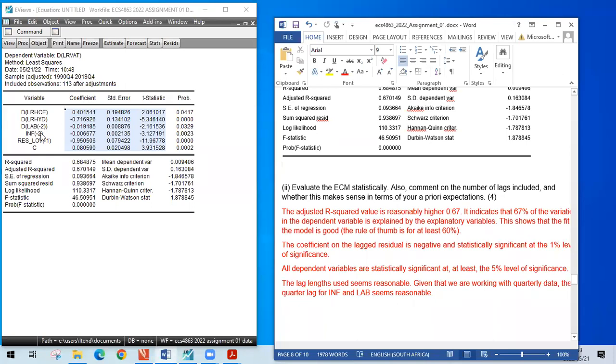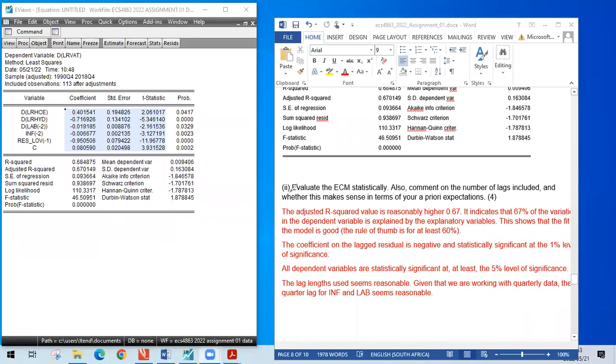You are dealing with quarterly data. How many lags should you put when you're dealing with quarterly data? How many lags should you put when you're dealing with yearly data? How many lags should you put when you're dealing with monthly data, right? So what does theory say about that? We'll comment later, but before we go there, I want us to look at this part of the question.